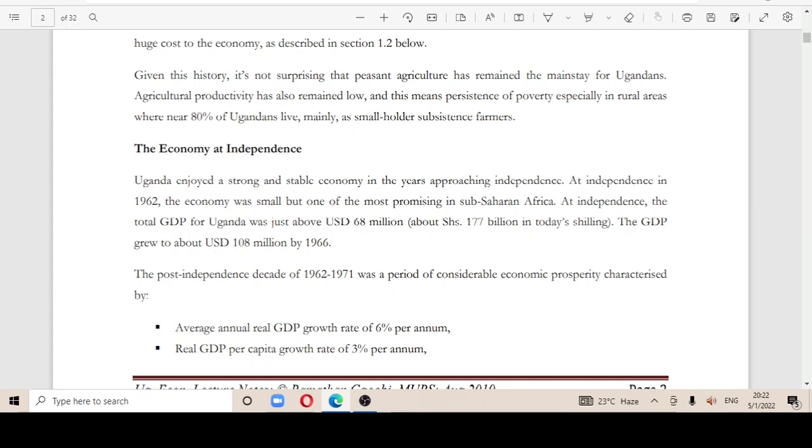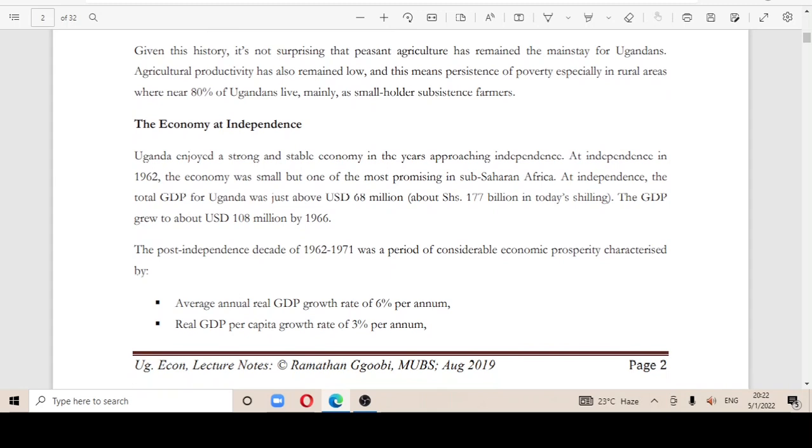So after independence, we had a 10 years period which they called the Post-Independence Decade. That is from 1962 up to 1971.